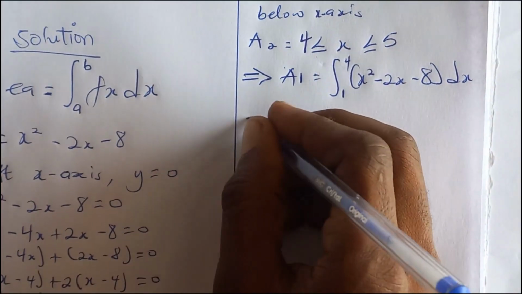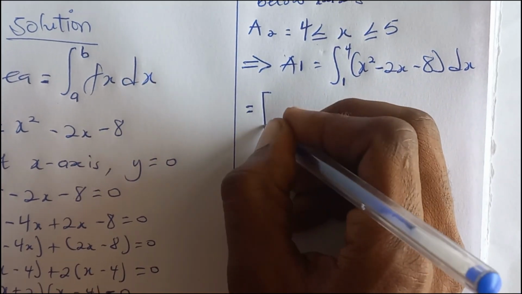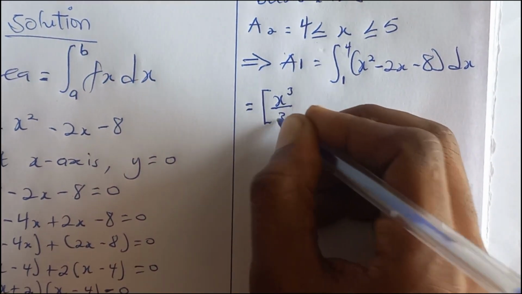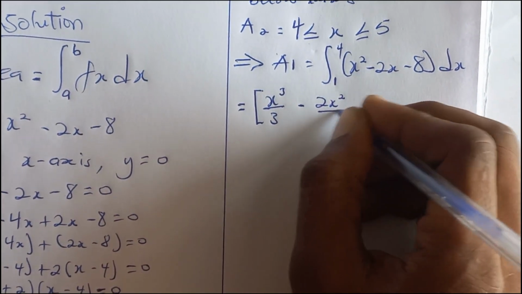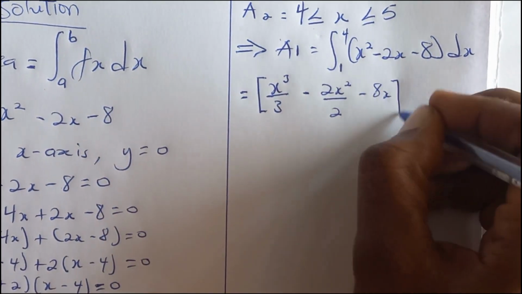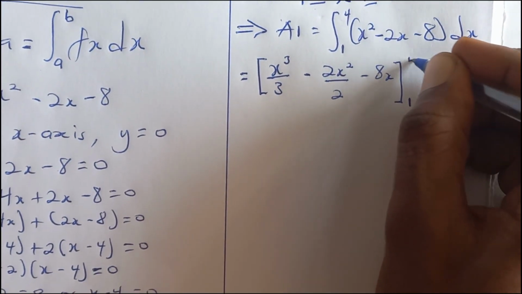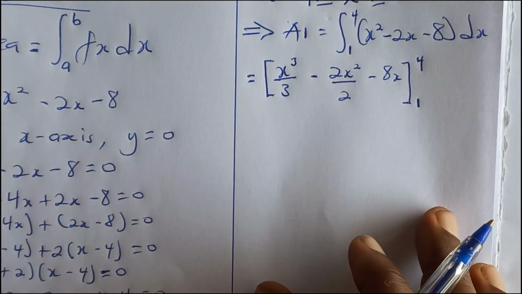So it's going to be x to the power 3 on 3 minus 2x squared on 2 minus 8x. The lower limit is 1, the upper limit is 4. Good, so we have integrated the function.